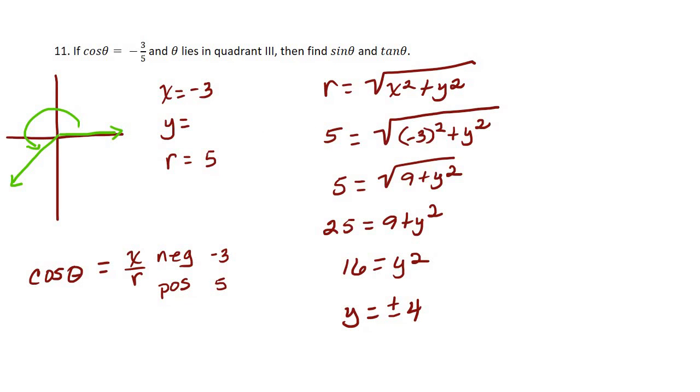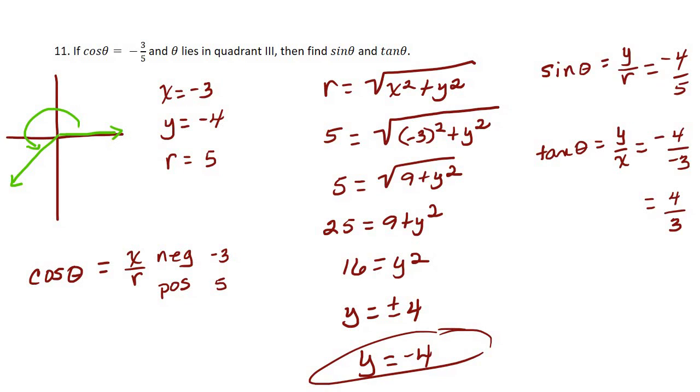Solving this equation, we get y to be positive or negative 4, but I know that my point lies in quadrant 3, so my y coordinate has to be negative. So now I know all three of those crucial numbers to use in my ratios to find sine theta and tan theta. And there is your answer.